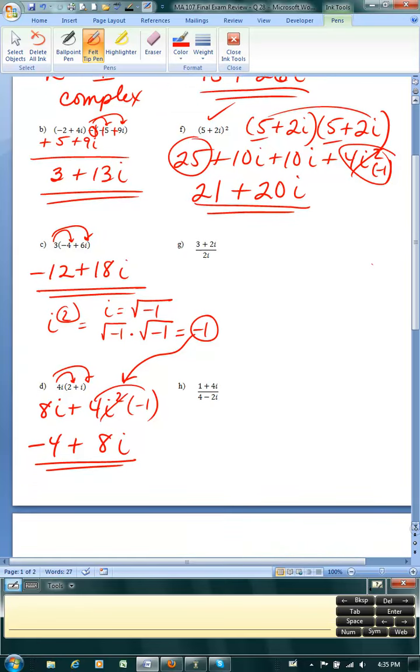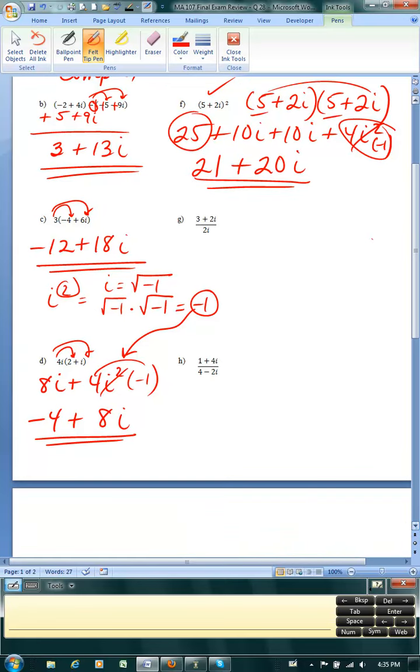Now we need to rationalize all denominators, which means we just don't want any imaginary numbers in the denominator position. It is okay to have imaginary numbers in the numerator position, but not the denominator.